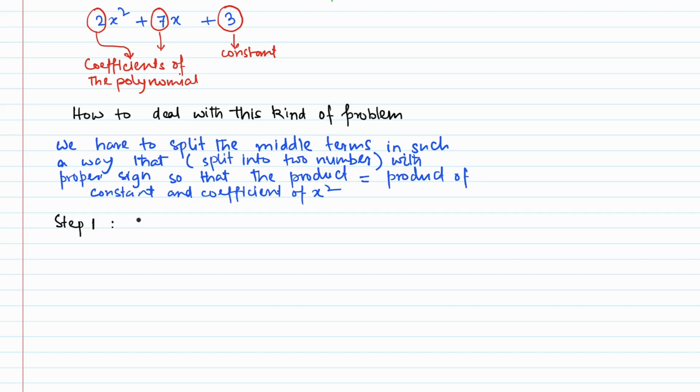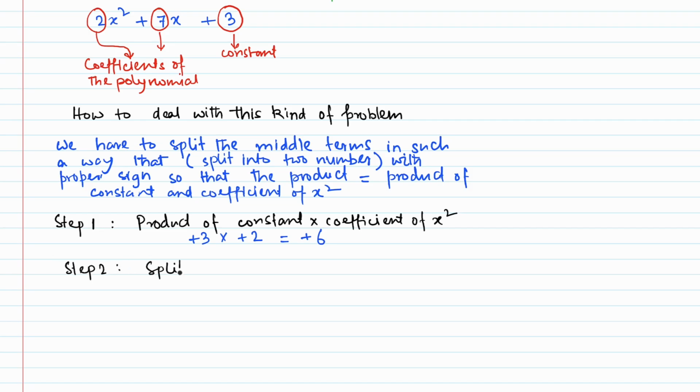So we have to split the middle term in such a way that the product of those two becomes the product of the constant and the other coefficient with a sign. So step 1, the product of the constant and the coefficient of x square is equal to plus 3 into plus 2, which is equal to plus 6.